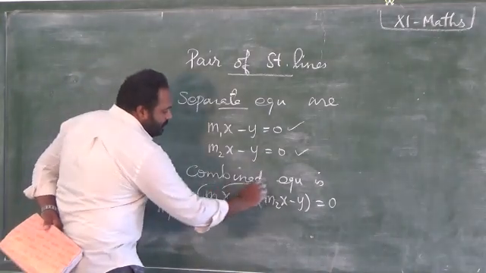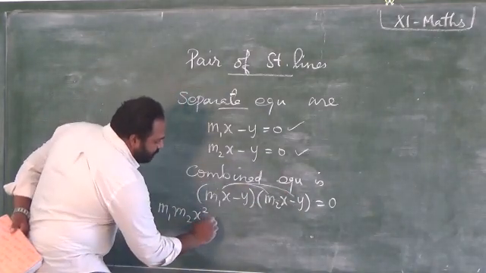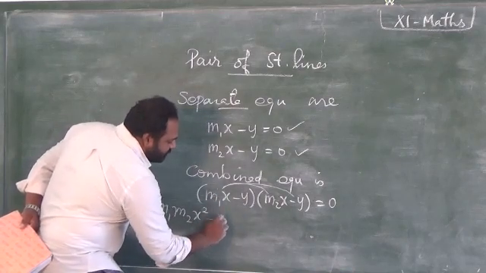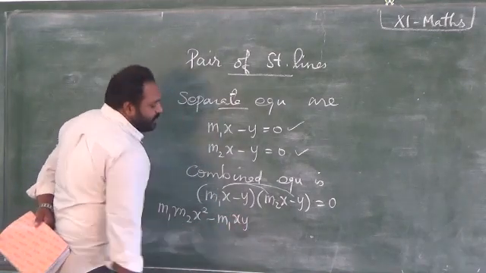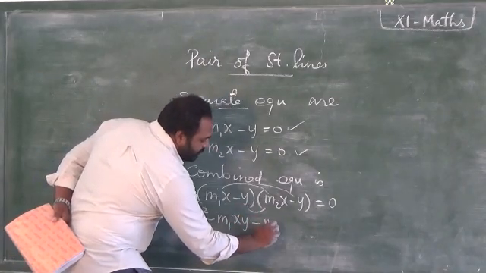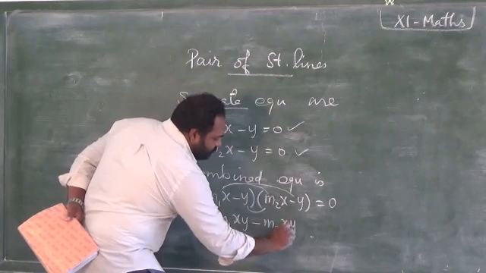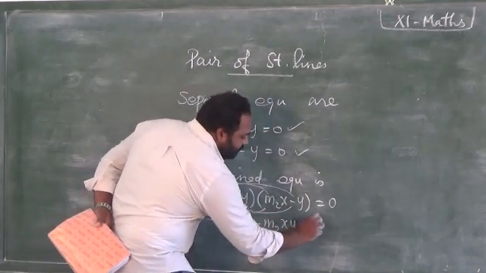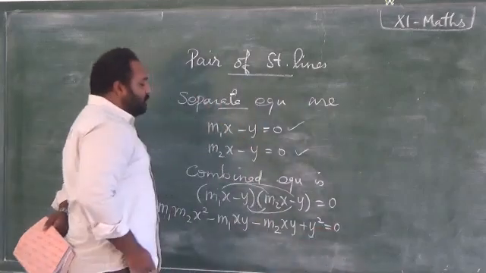Next, plus into minus gives minus m1 xy. Next, minus m2 xy. Next, minus into minus gives plus y square equal to 0.